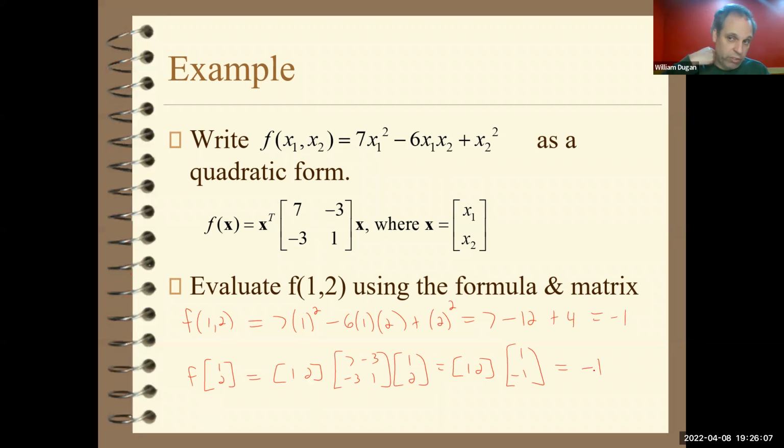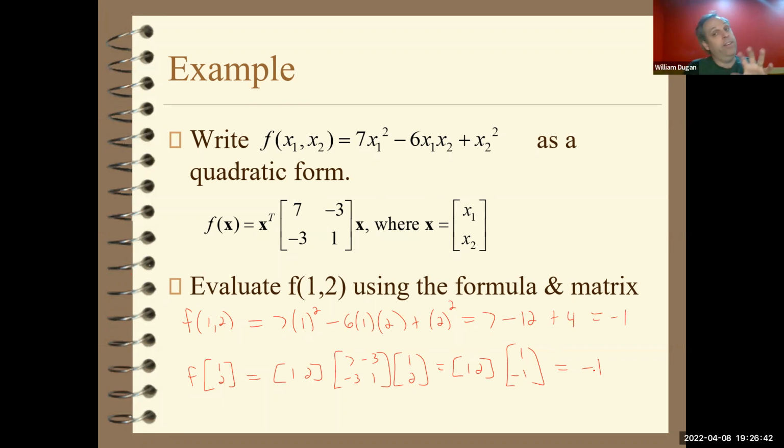Your first inclination is then, well, if we can do it both ways, why don't we just do it with the formula? Well, the reason is with this matrix format, we bring to bear linear algebra because the matrix is symmetric and therefore orthogonally diagonalizable. And there probably is something neat we can do. So the neat thing is that this function, in the current way of representing points in the standard basis of i and j, e1, e2, has a cross multiplication term, x1 x2.